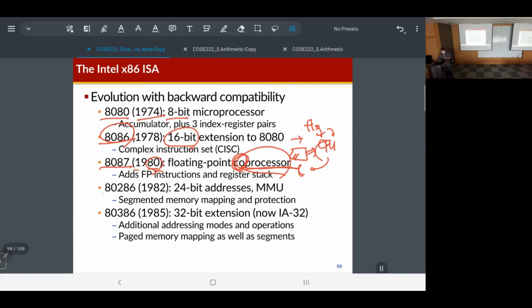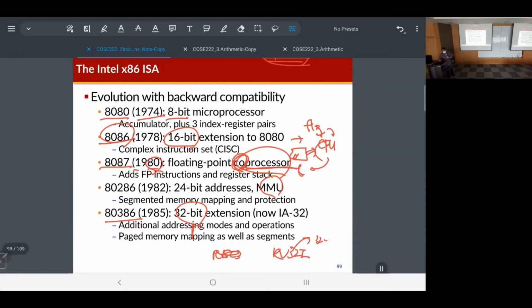And then Intel developed the 80286, and the 80286 supported 24-bit addresses with the memory management unit. The 80386 is the 32-bit extension of the Intel x86 ISA, which means it is a 32-bit instruction set, similar to RISC-V RV32I.